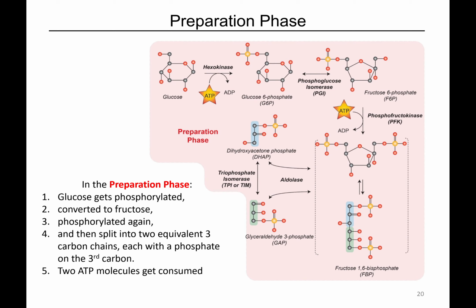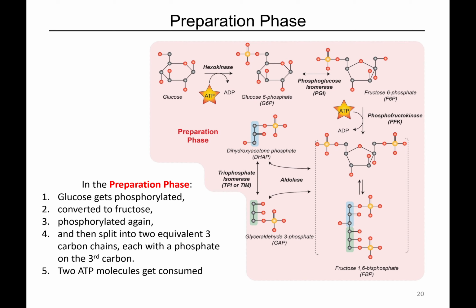Okay? It can very easily transition into its linear form, which is the form of the molecule that we need to undergo our reverse aldol condensation to split this into two equivalents of 3 carbon chains.